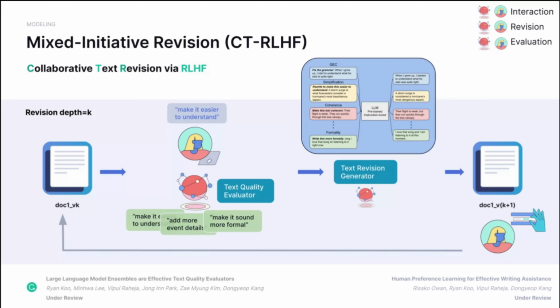But also, we use large language models for evaluating the quality of text. We use them as text quality evaluators. So we leverage an ensemble of 4 different large language models to first understand the quality of a given piece of text, along with different evaluation criteria. And the output of this ensemble is used to provide the reward to train the text revision model, as well as to predict what kind of edits need to be made at the next step of the revision process.